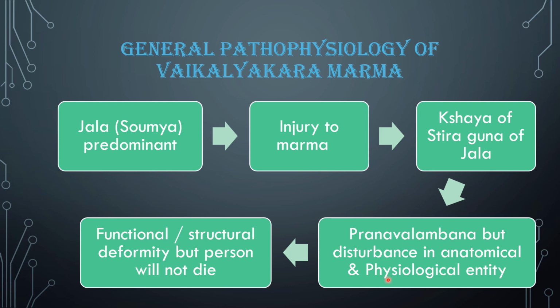That is, there may be deformity in the anatomical structure or in the functional aspect, but it will not affect the Prana, as Pranavalambana protects the Prana. So there will be structural or functional deformity, but the person will not die in the Vaikalyakara Marma.